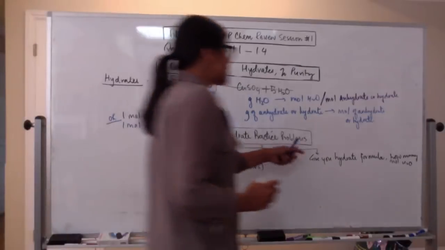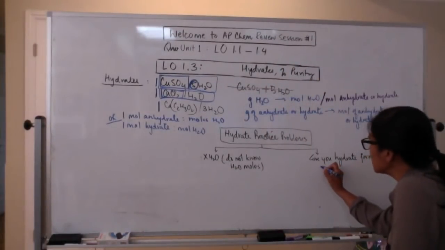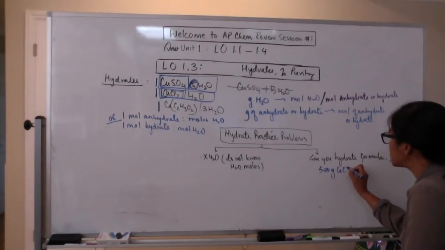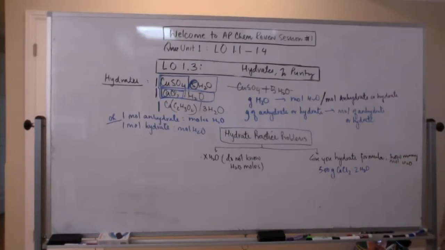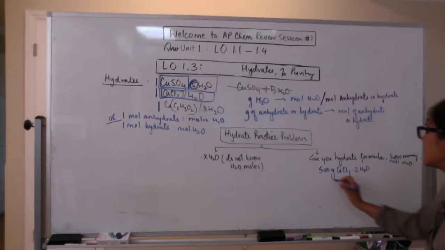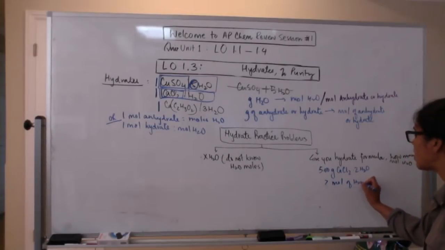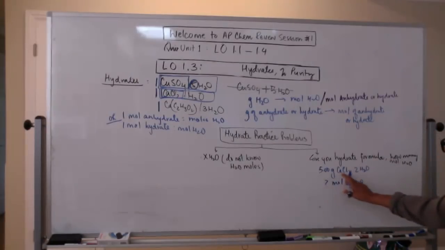An example of this type of problem could be, they would say 5 grams of CaCl2·2H2O was strongly heated. How many moles of water, or what mass of water, will be given off? If they give you the entire formula, you already know there are 2 moles of water in there.